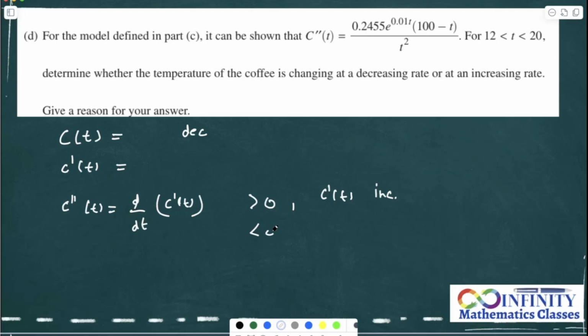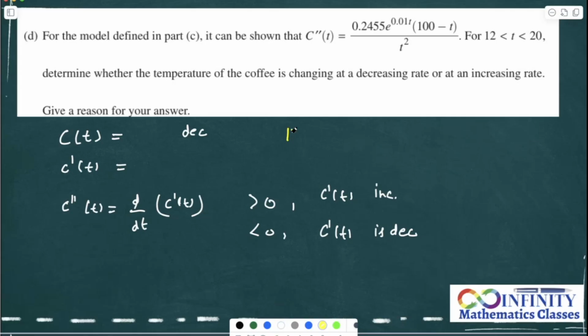And if it is less than 0, then C'(t) is decreasing. Simply, this is the meaning of the expression. Because C double prime is given to you, I only need to check if it is positive or negative, or what the intervals are where it is positive or negative.